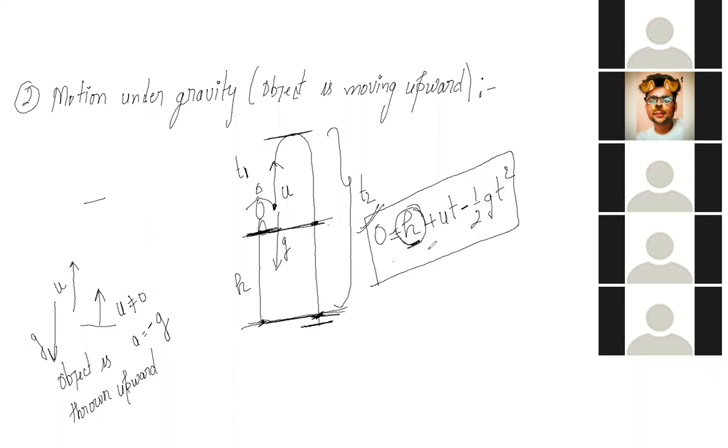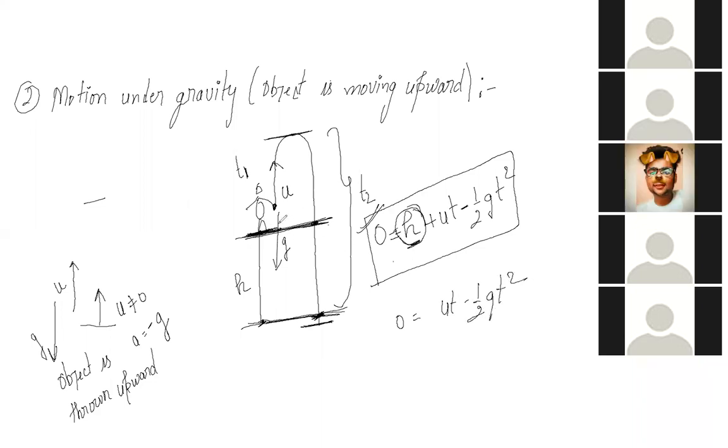Okay. The thing is that if you are taking the reference point as the ground, then you have to add h here. If you are talking only about this region, then you can write 0 = ut minus half gt square. So you will get the time for this part only.